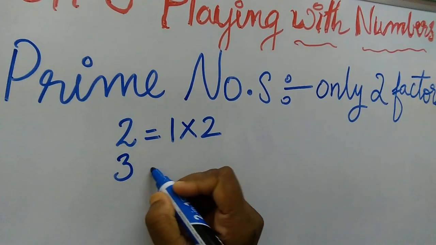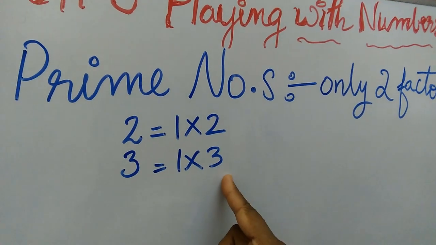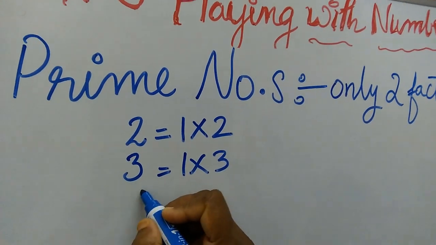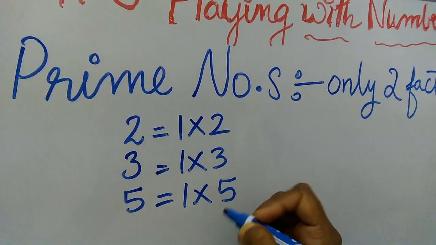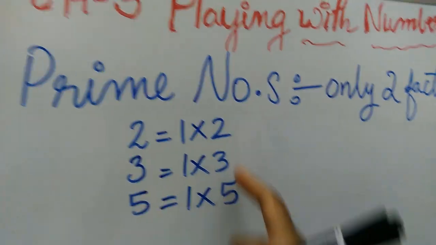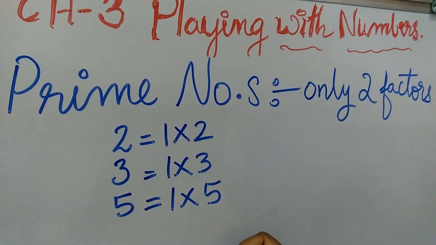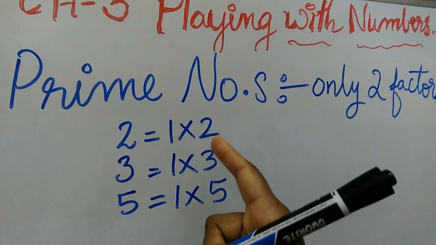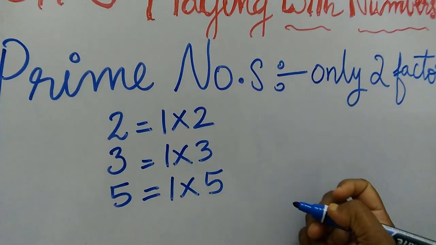Now 3. 1 into 3. No other numbers. So 1 and 3 are the factors. 5. 1 into 5. So only 2 factors are coming. These numbers we call prime numbers. Here the factors are 1 and the number itself.